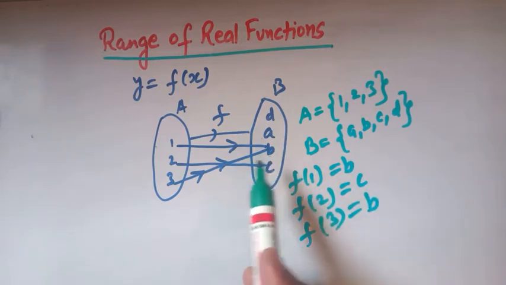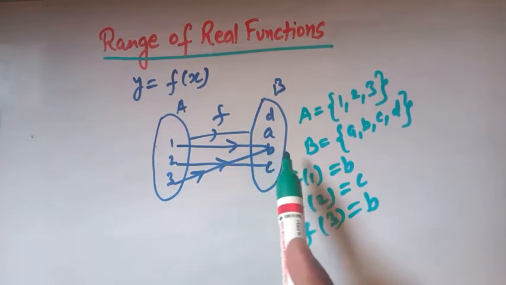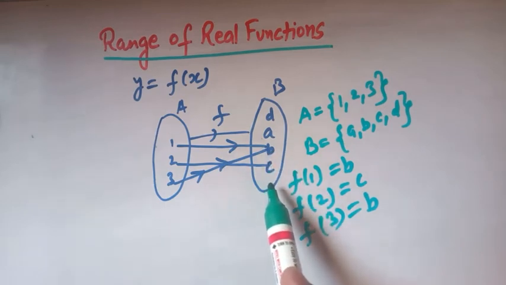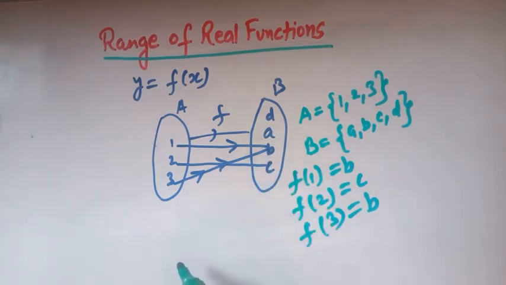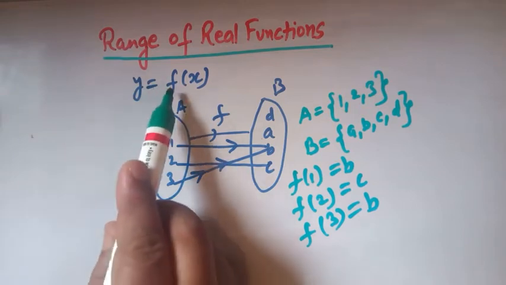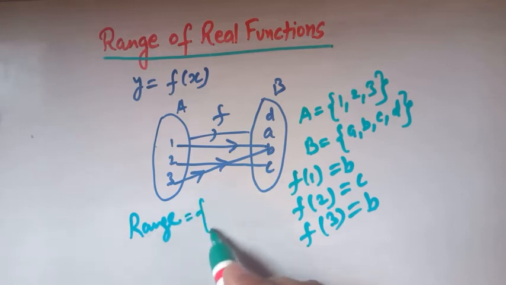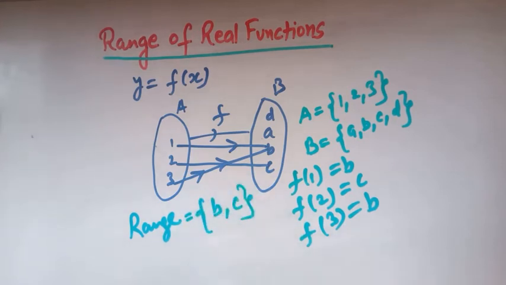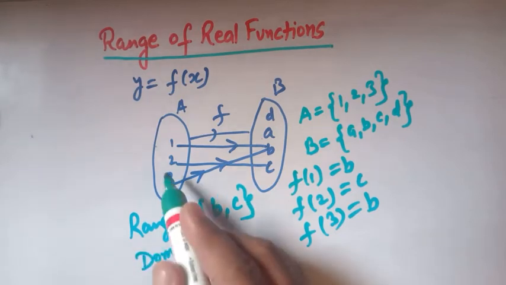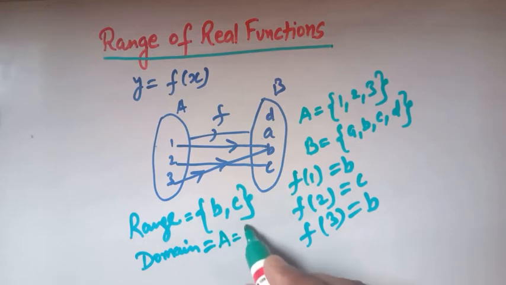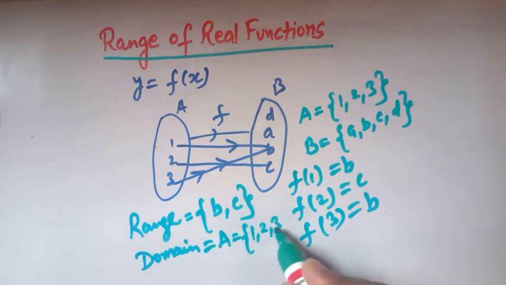So the elements b and c constitute the range of the function f. Clear? The domain is set A, which is 1, 2 and 3.